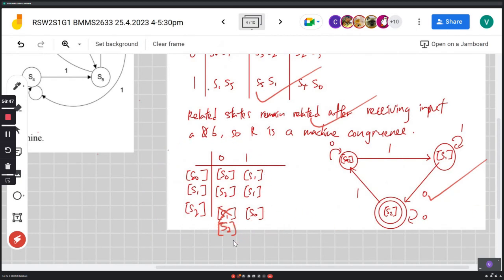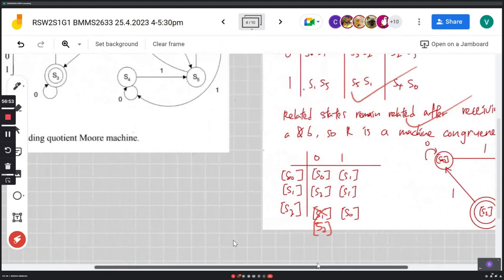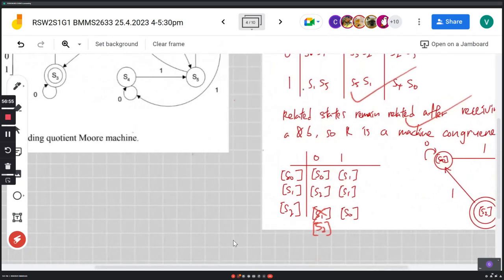One of them. The classes we have here: if you only have one out of S2 and S3 here, then when you draw this, you only draw a double circle for S2.